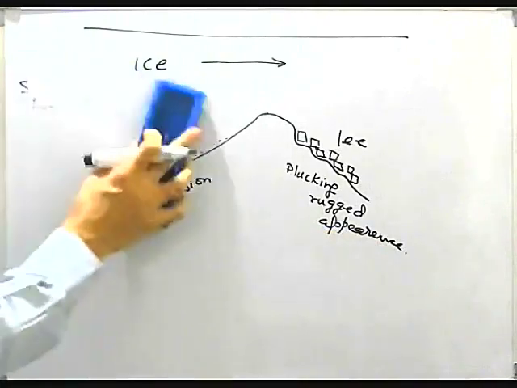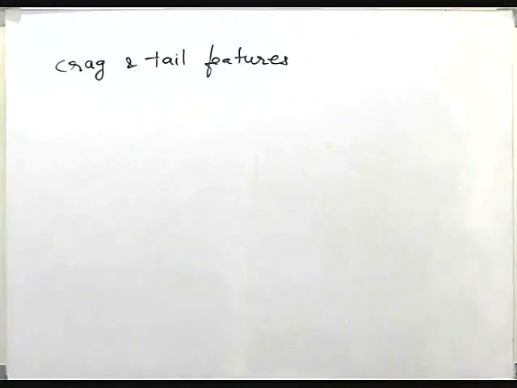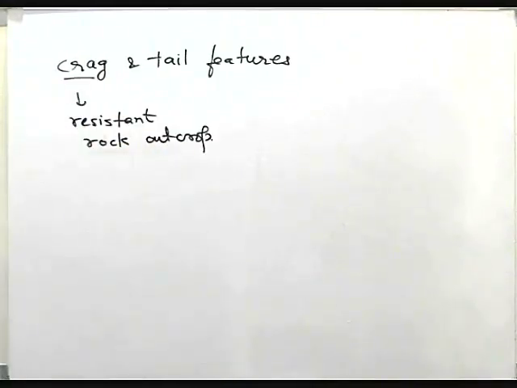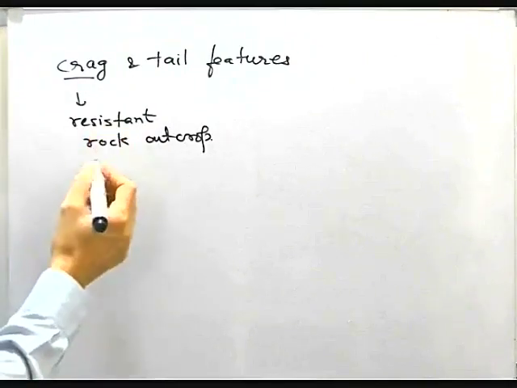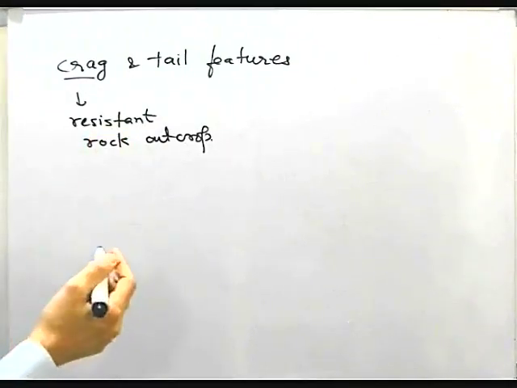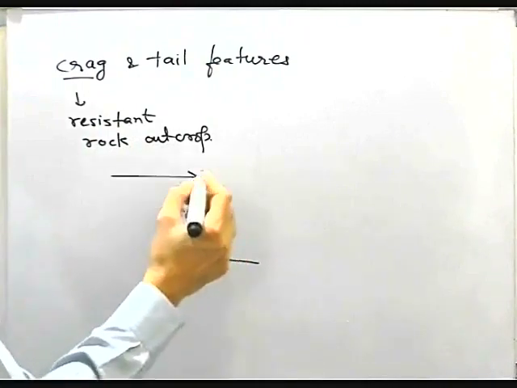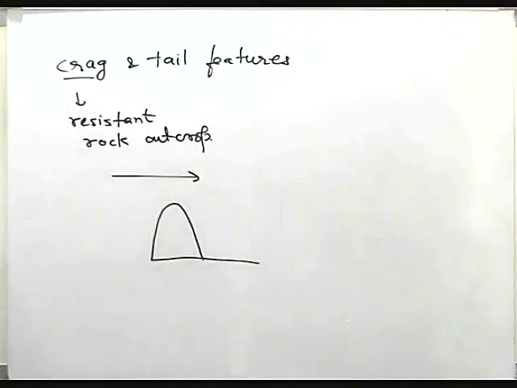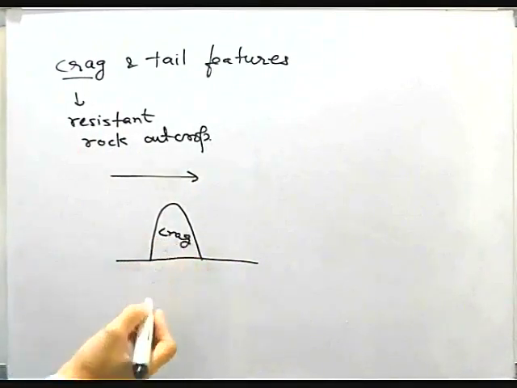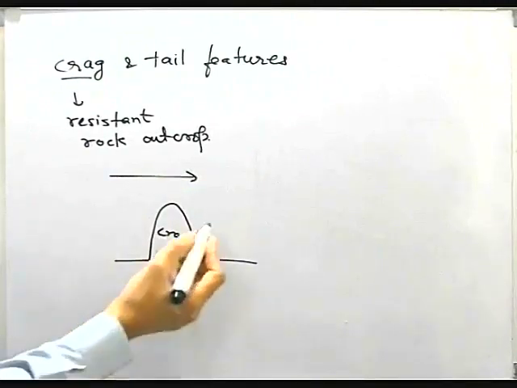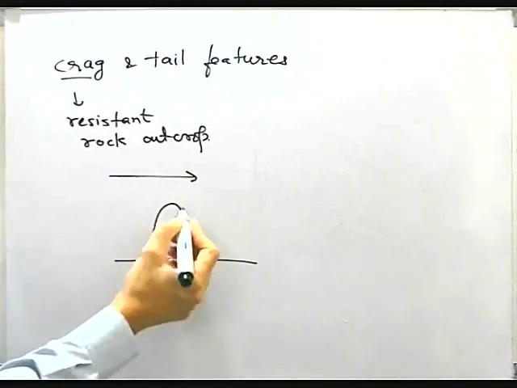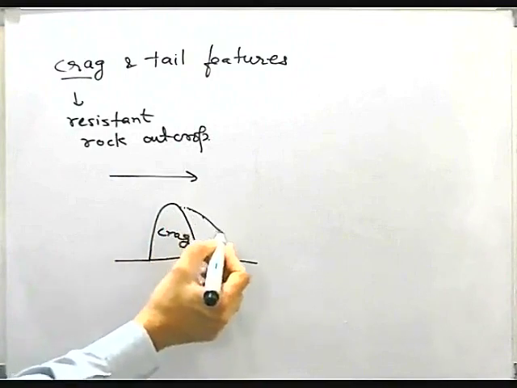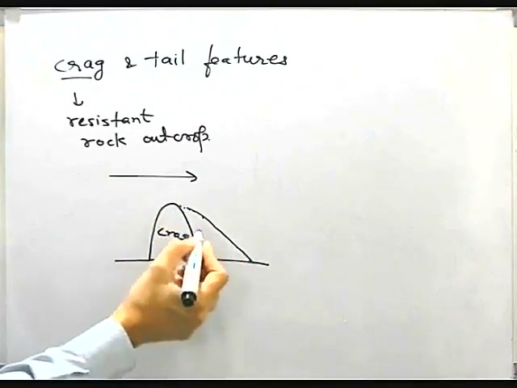Now coming to the crag and tail features. Crag refers to a resistant rock outcrop that protrudes beneath the ice sheet or beneath the glacier, and this is the direction of movement of the ice. This is the crag, and on the lee side of the crag, the glacial debris is deposited in the shadow of the crag as the tail.